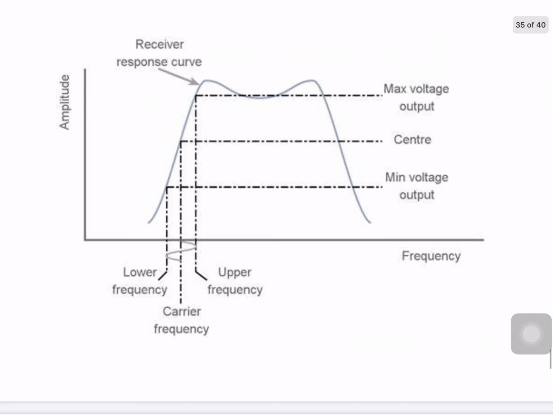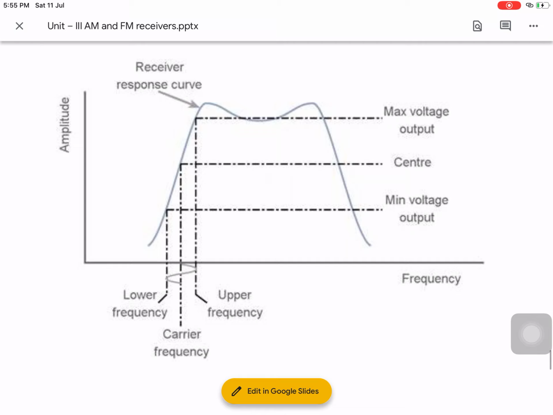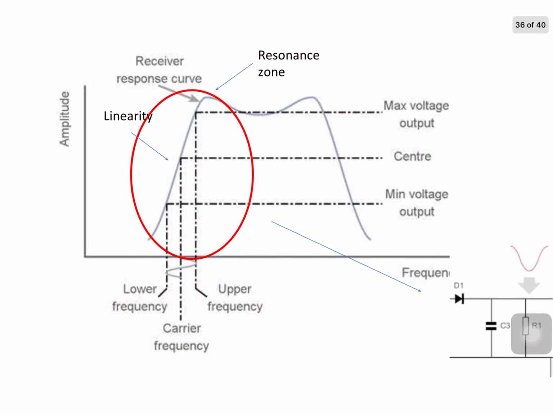When it comes out of the differentiator, you can see that there are two slopes, a rising slope and a falling slope. The red colored circle shows that there is linearity in the slope. I was talking previously about what linearity is in slope detection.